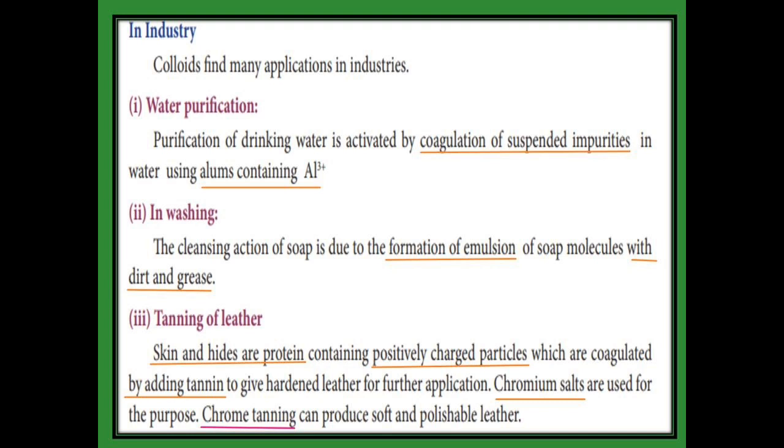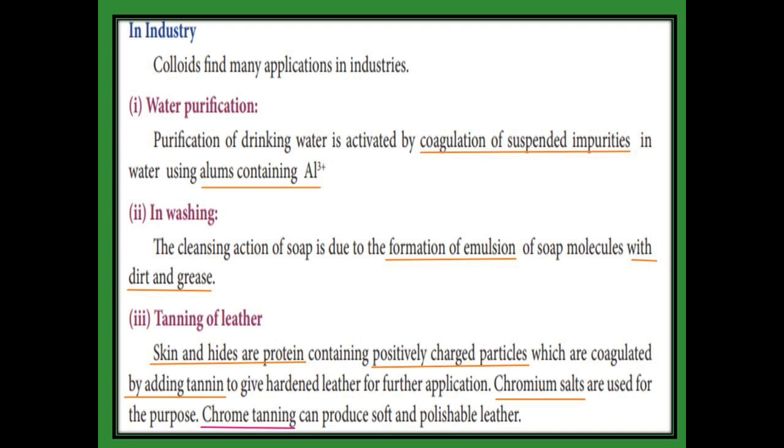The next one, washing. In washing we are using soap. The soap solution, how can it clean the dirt? The soap molecules form an emulsion with the dirt or grease. Then tanning of leather. The animal hide skin, these are all positively charged particles, they are all in the colloidal form.